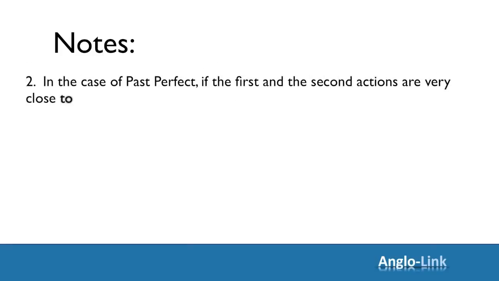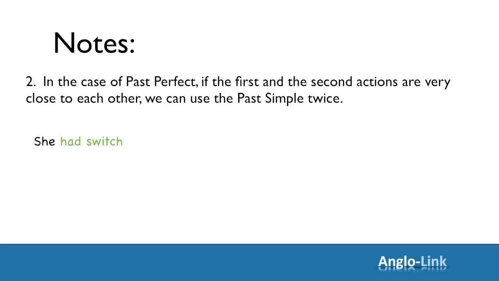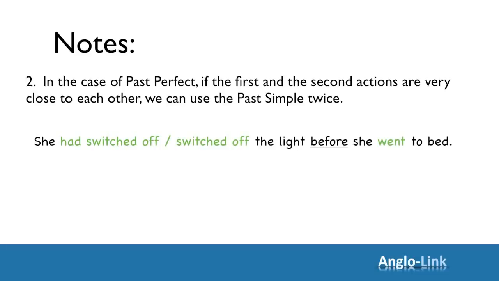Also, if the two actions happen quickly one after the other, very close to each other, you can use the past simple tense instead of the past perfect. Let's have a look. For example, someone switches off the light and goes to bed immediately.